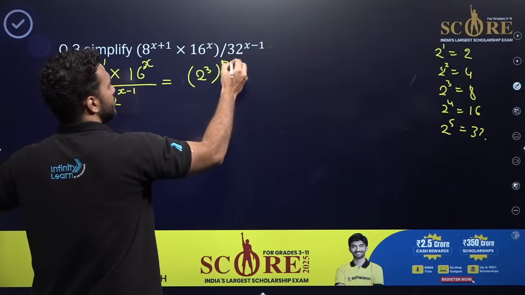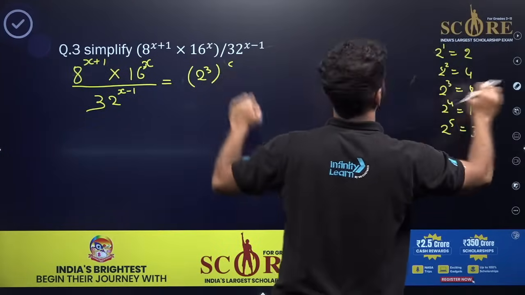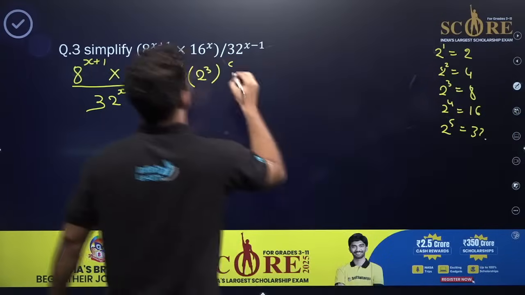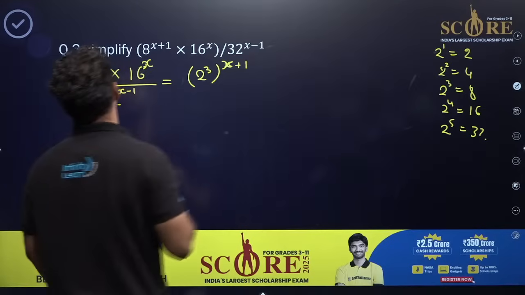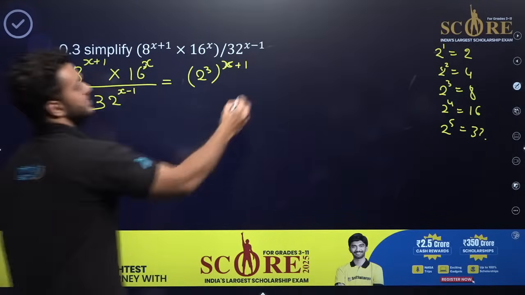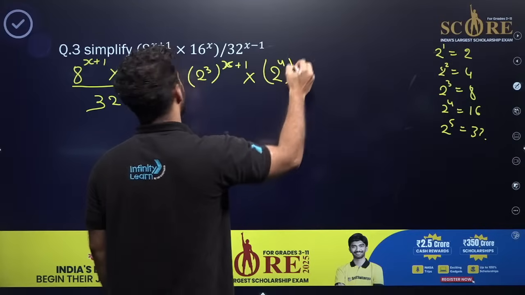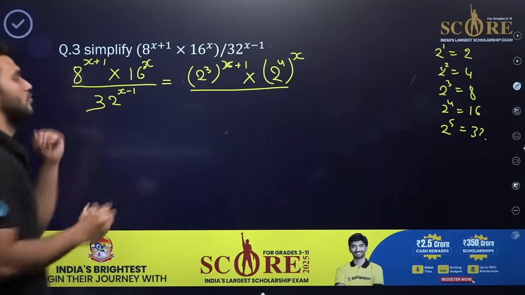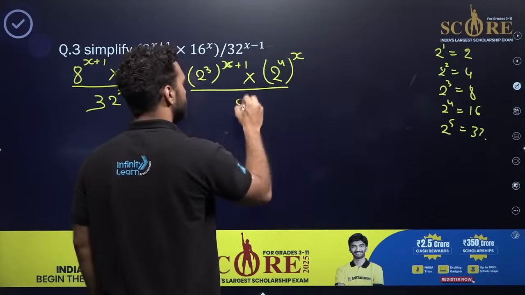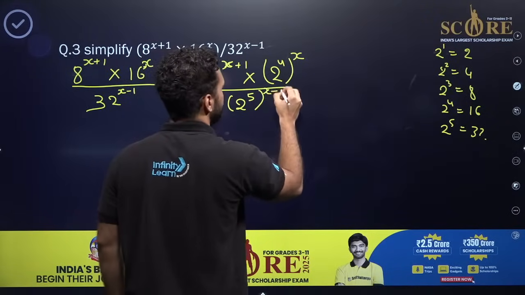Sir, x plus 1. Now, 16. Instead of 16, what can we write? Sir, 2 to the power 4, and what do we have as the whole power? Sir, x. Divided by 32. What can we write instead of 32? Sir, 2 to the power 5. And what do we have in the power? Sir, x minus 1.